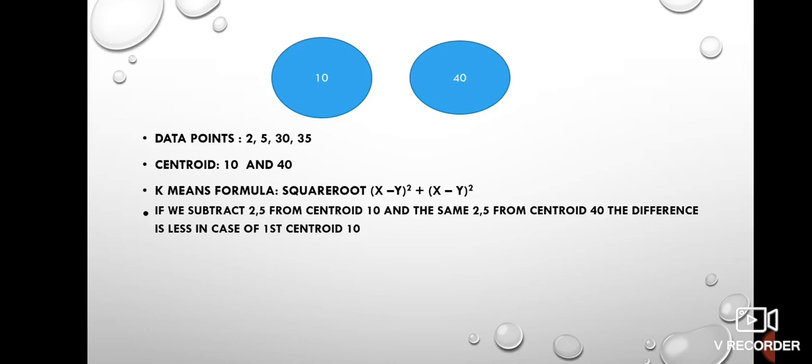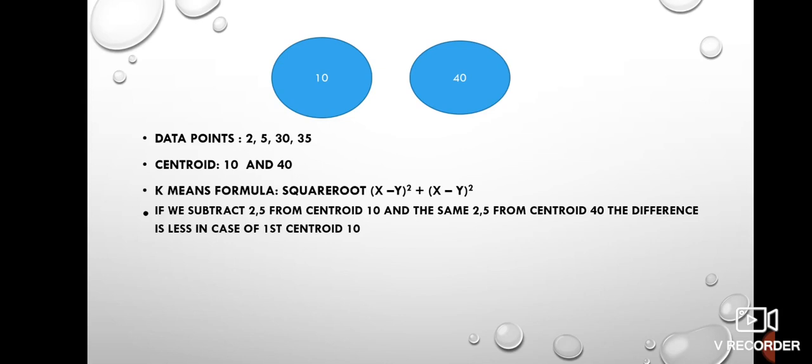Okay, so now I'm considering the data points. Let's consider first 2 and 5, and see both the clusters. 2 and 5 are quite near to my centroid point 10. If I subtract, 10 minus 2 gives me 8, and 10 minus 5 gives me 5.